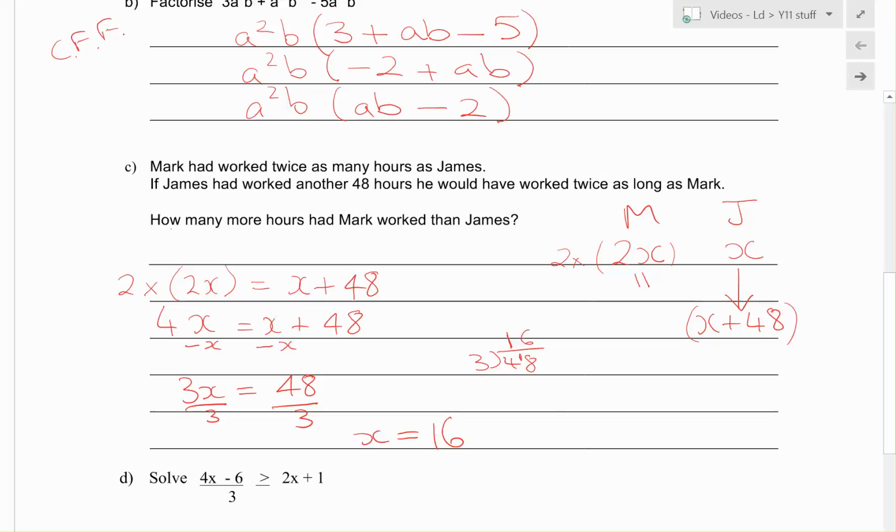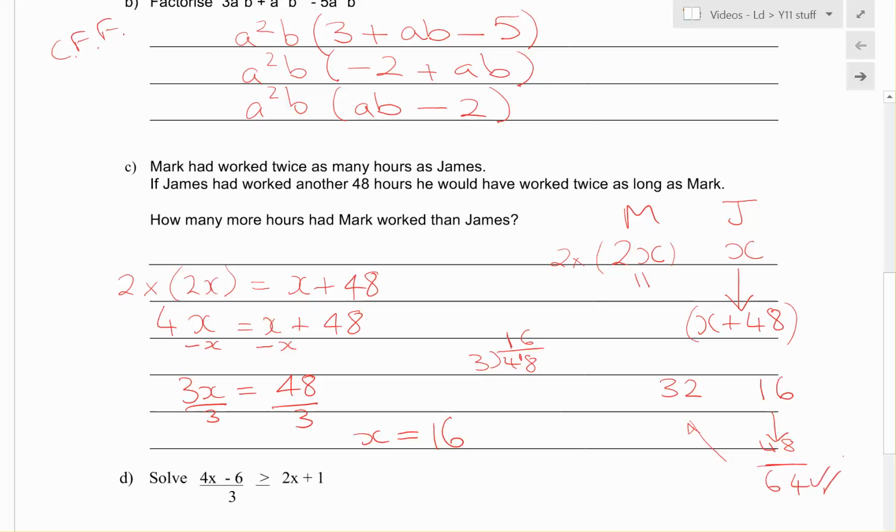We need to go back and check. The question says how many more hours had Mark worked than James. So I think that James worked 16. Mark worked twice as many. We might just check if we'd added another 48 hours onto that, we would have got 64. And in fact that would then be twice as long as what Mark did, because 2 times 32 is 64.